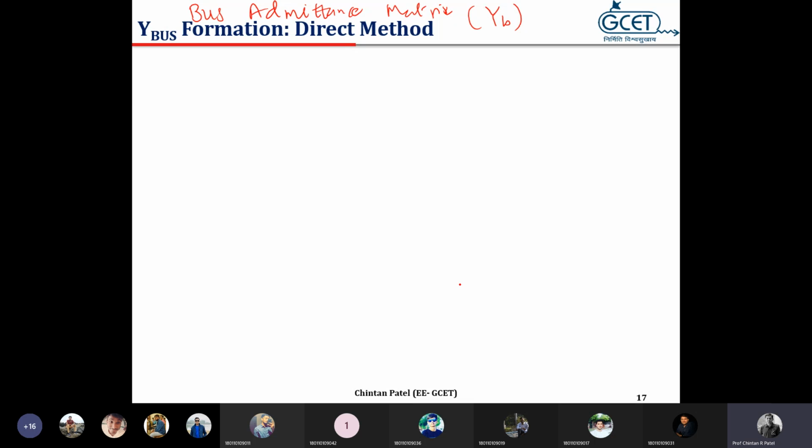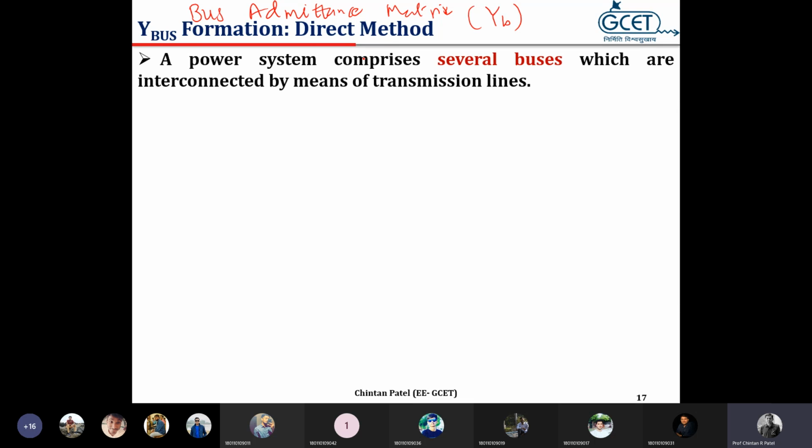There are two methods to formulate Ybus. The first method is called the direct method, and the second method is known as the singular transformation method. We will discuss both the methods one by one. Let's first see how we can formulate Ybus using the direct inspection method, or simply the direct method.